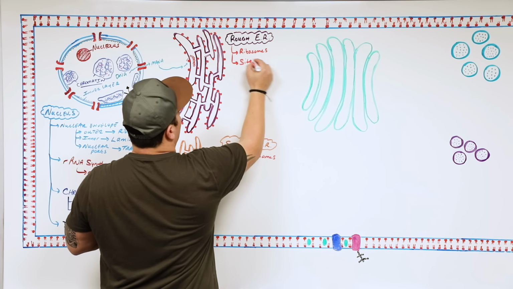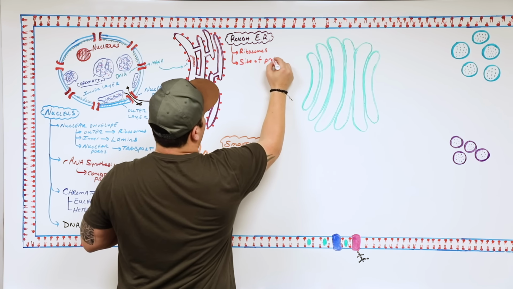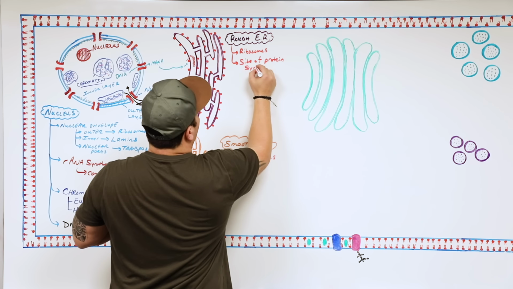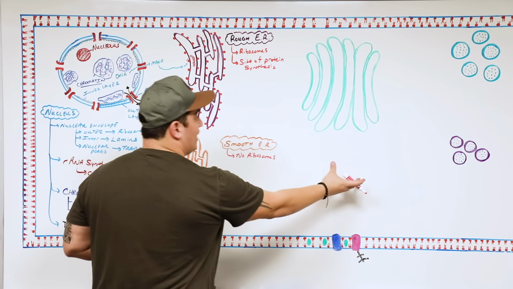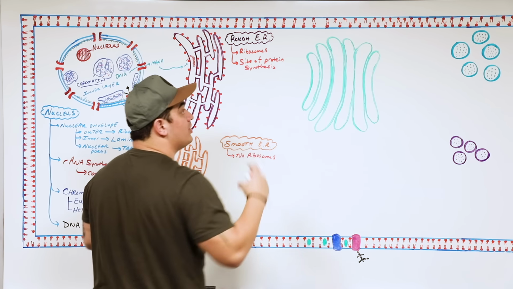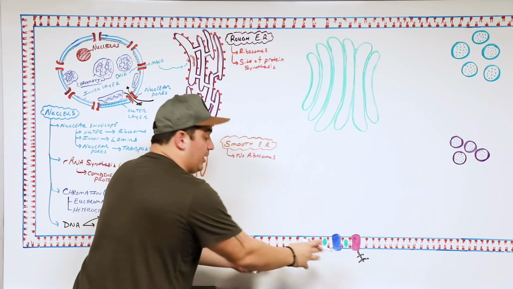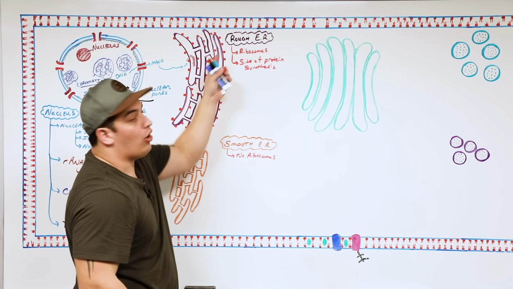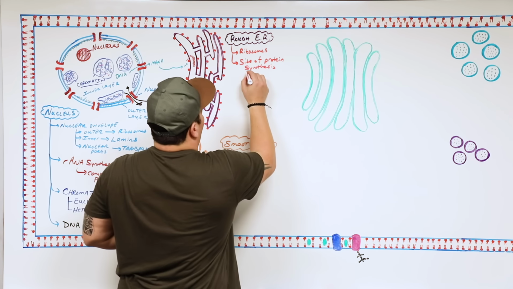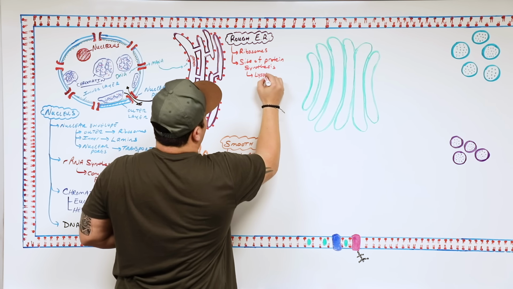Site of protein synthesis. And we're going to talk a little bit about the different types of proteins that we make. Proteins that can be within the cytosol, proteins that can be within different organelles, proteins that we can secrete, proteins that we can put into the membrane. Generally, the proteins that the rough ER is making are going to be proteins that will become lysosomes.